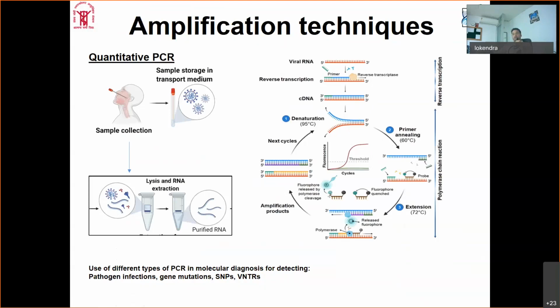In case of COVID-19, it can be designed either through certain genes, for example, spike protein or nucleocapsid, or more importantly, the most authentic one is the RDRP, that is RNA dependent RNA polymerase. So these are the specific indicator genes that can be used as a probe.